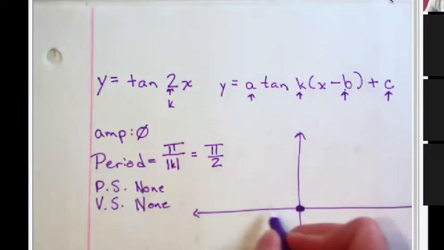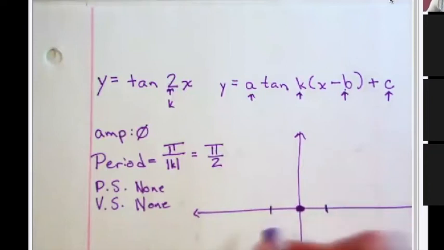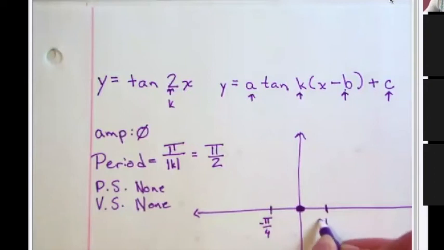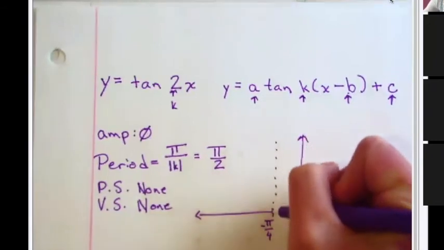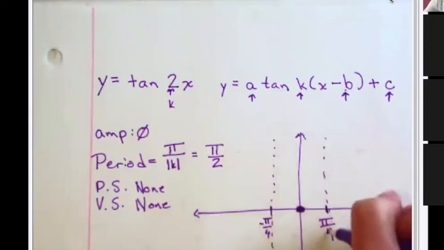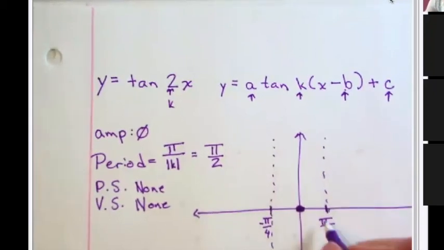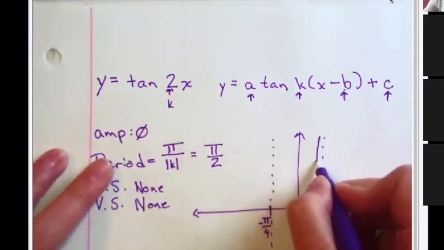So if we divide half into another half, this is going to be negative pi over 4 and positive pi over 4. So a fourth plus a fourth is a half. So that's where my asymptotes are going to be. And my graph would look like this.